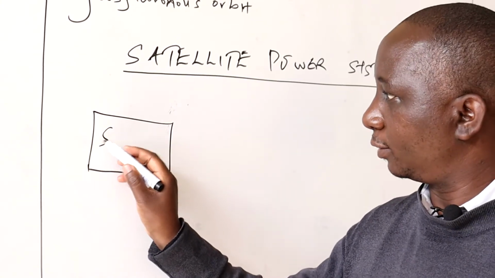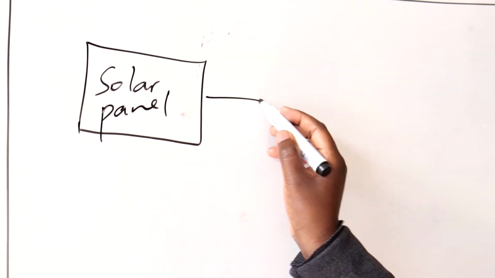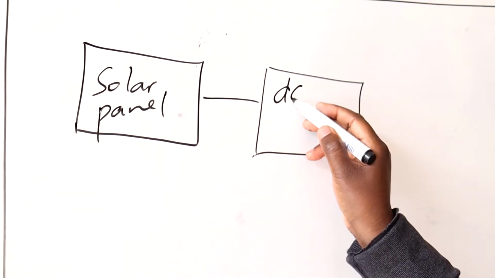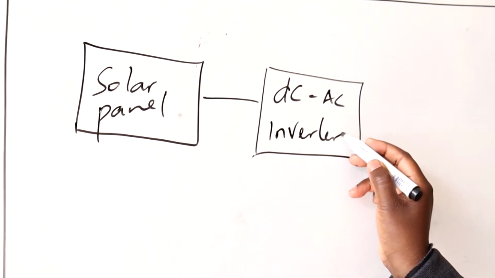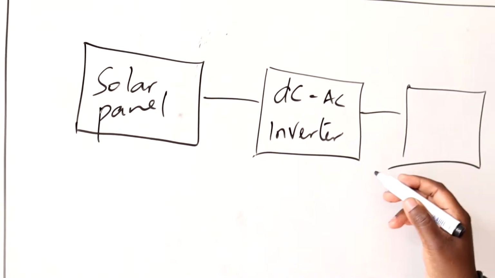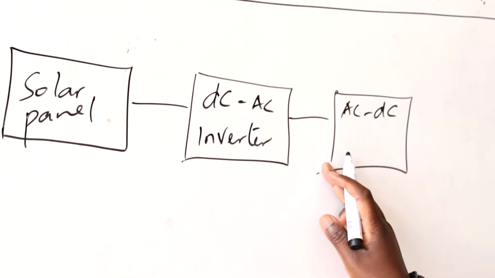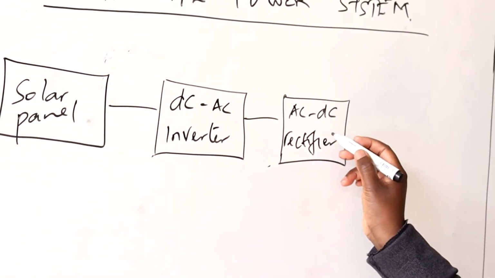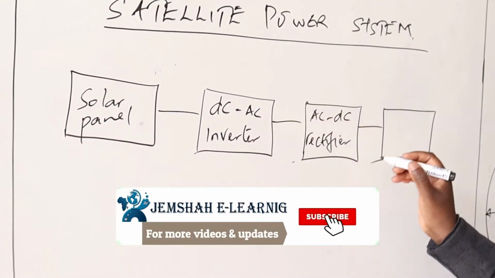This is the solar cells, solar panels. DC to AC inverters. Then we have the AC to DC rectifier. Then the voltage regulators.